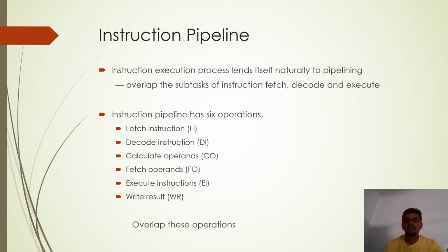DI means decode instruction. Third is CO. CO means calculate operands. Next is FO. Fetch operands. Next is EI. Execute instruction. And last is WO. Write result. Overlap these operations.